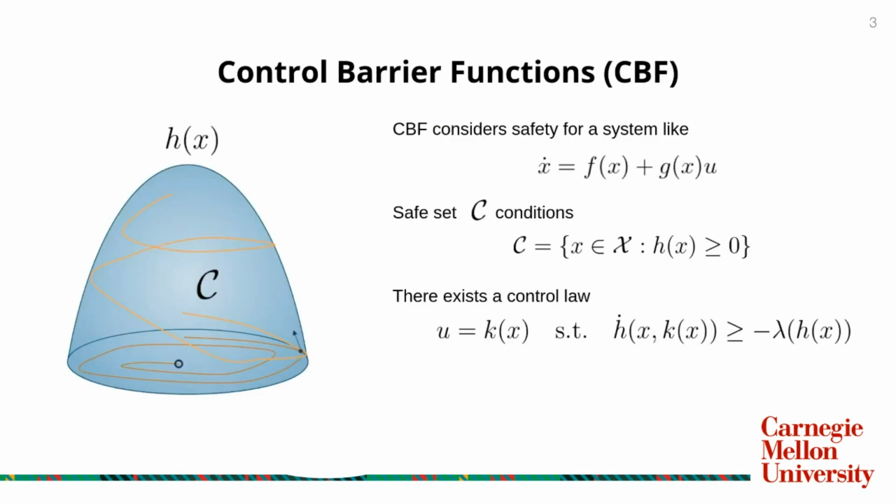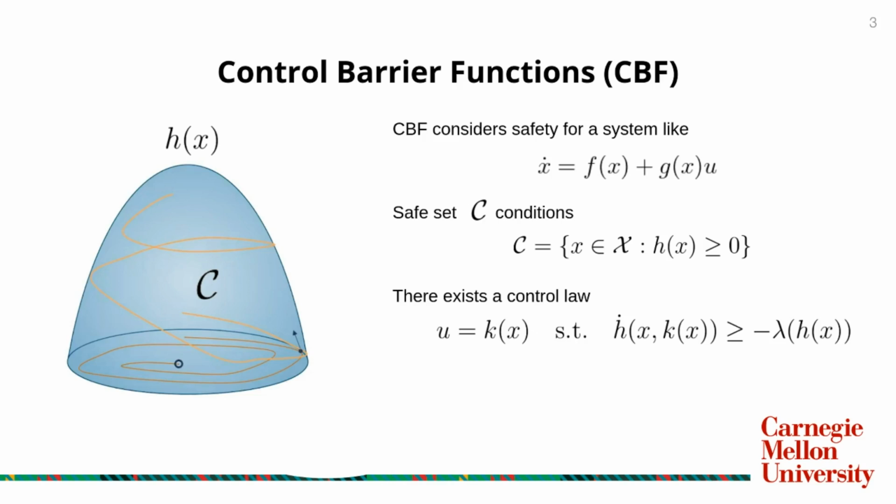So there is a permissive solution called CBF, or control barrier functions, that considers systems like x dot equals f(x) plus g(x) times u, such that for this system we can define a safe set, as is shown in the left part of the slide, defined by some conditions defining h, such that when h is greater than or equal to 0, the system is within the boundaries of this safe set.